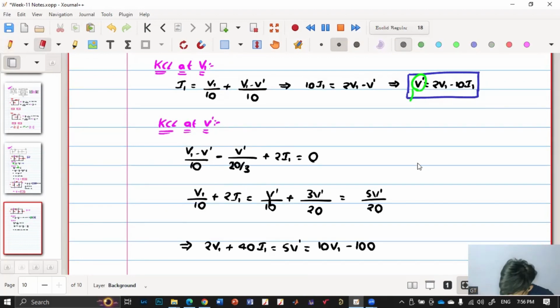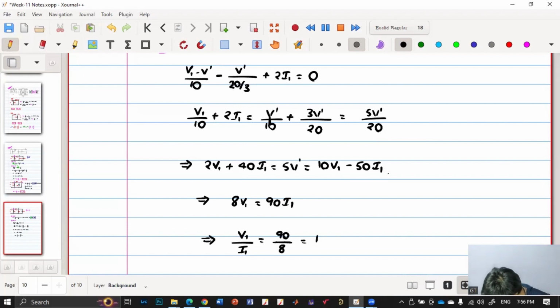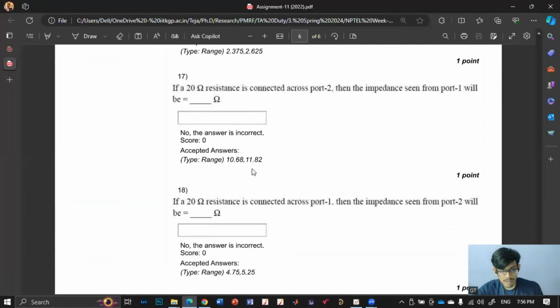So 5 tens are 50. This is 50 I1. Okay. Now, if we bring V1 this side and I1 that side, we'll have 8V1 is equals to 90 I1. So V1 by I1 equals to 90 by 8. So it will be 11.25. So let us check 11.25. It is within the range.